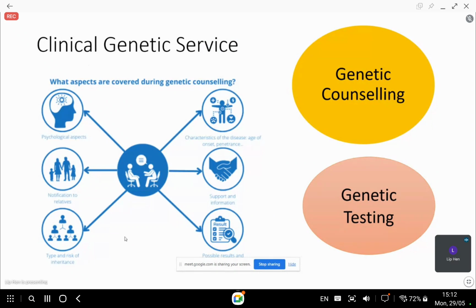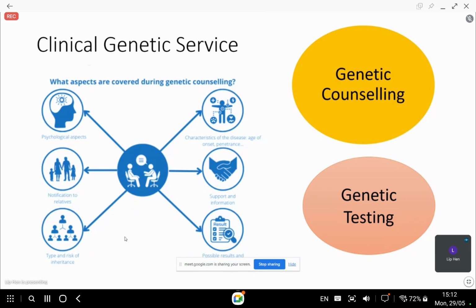So basically in clinical genetics, what we do is genetic counseling and genetic testing. We counsel the patient before genetic testing, and then after genetic testing we do another genetic counseling, the post-test genetic counseling. So what aspects are covered during genetic counseling?